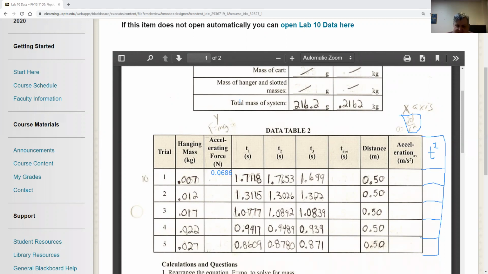For this, I'm going to take these 3 times and get the average. So 1.7118 plus 1.7653 plus 1.699. Go ahead and put enter, then divide that by 3, and here I get 1.725.